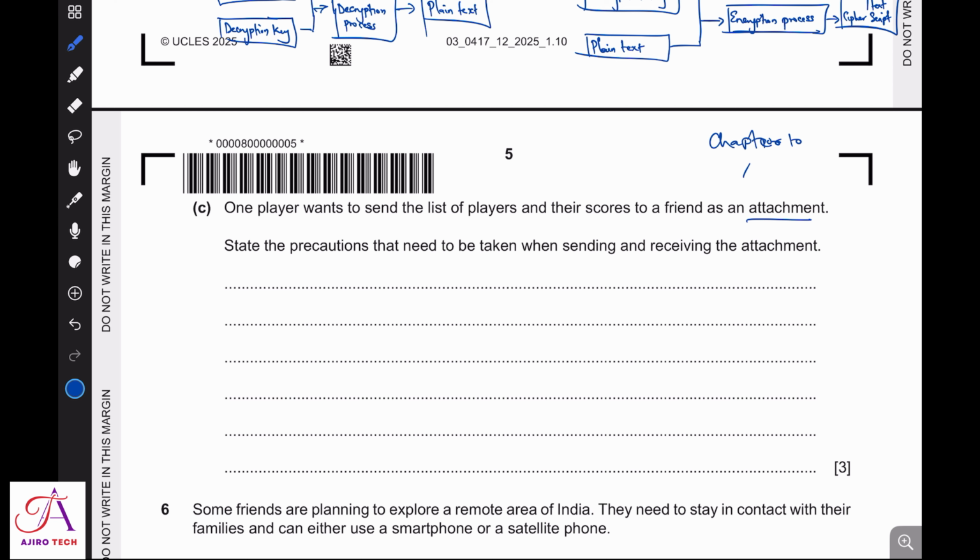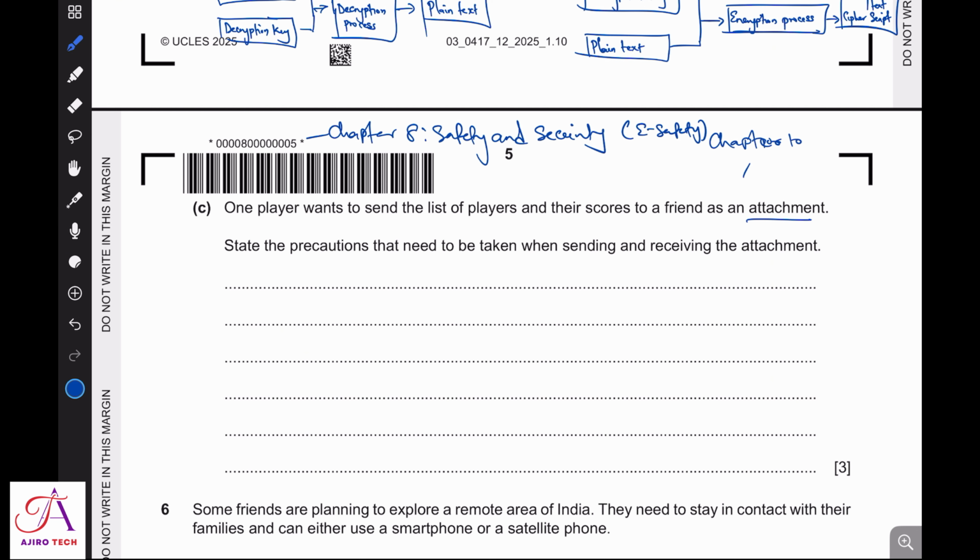So this is chapter 8, safety and security, under e-safety. We have four: sending and receiving emails, using the internet, social networking, and online gaming.